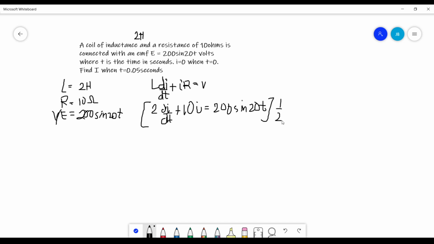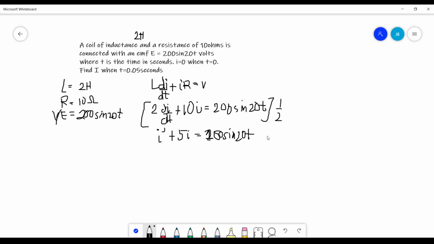So we multiply both sides by 1/2. What's left here is I prime plus 5I is equal to, sorry, 200 divided by 2 is 100, so 100 sine 20t.